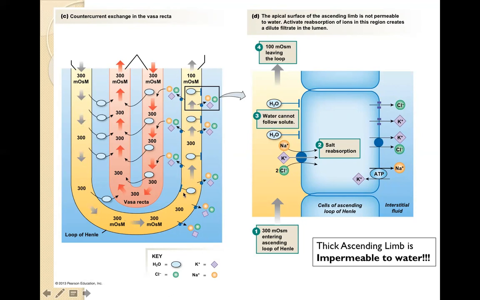When you get up to the thick ascending limb of the loop of Henle, it is completely impermeable to water. Completely impermeable to water, but it is permeable to solutes. So solutes can be reabsorbed, or they can leave the filtrate and go into the interstitium, but water cannot follow. So when you think of the thick ascending limb, think impermeable to water.